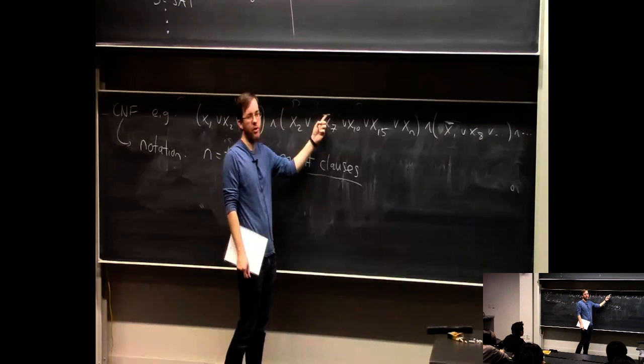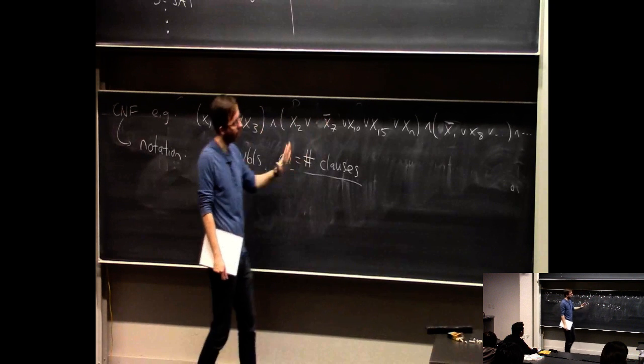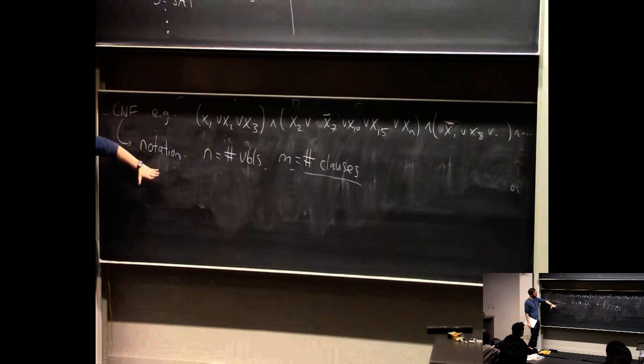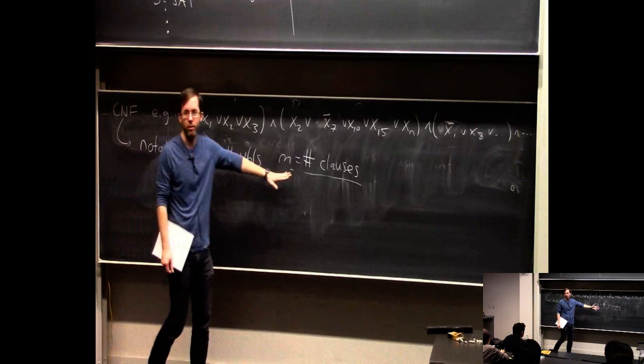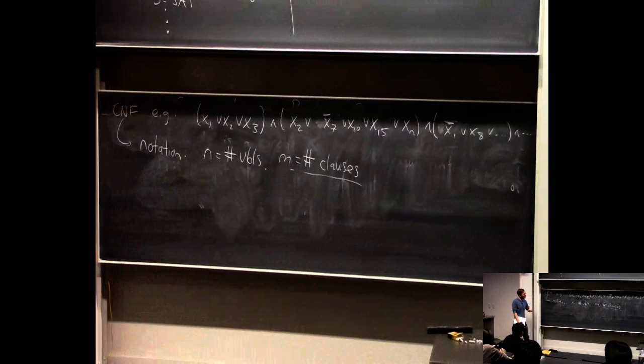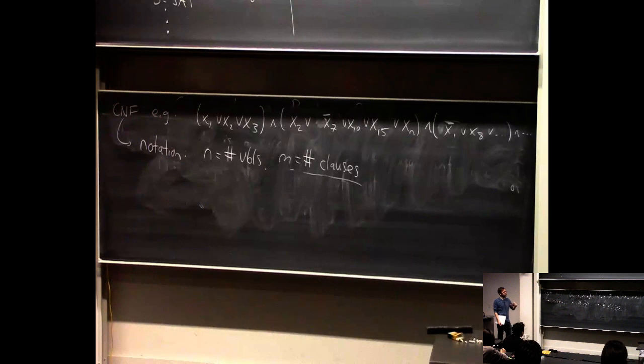Sorry to always change notation, but once you get down to CNF formulas, it's extremely standard to let M be the number of clauses. But again, it's polynomially related to the representation size of the CNF. Okay, any questions?